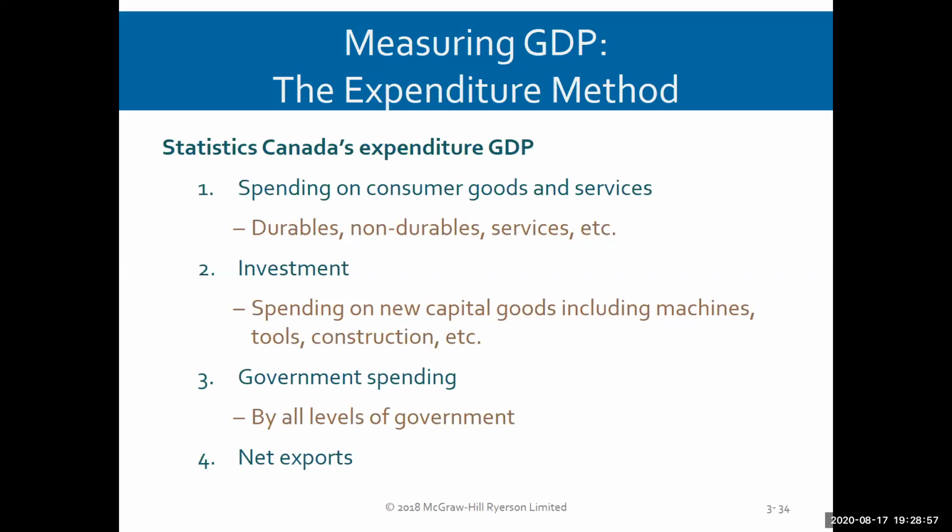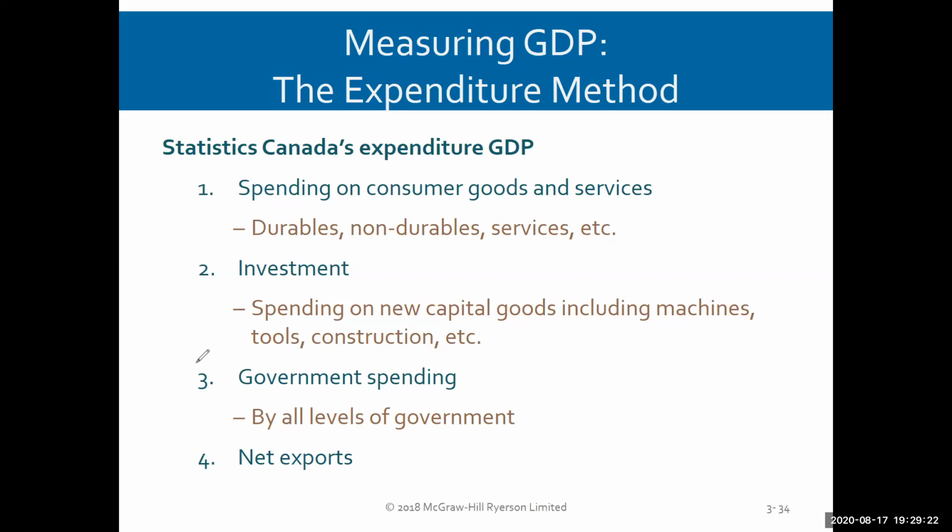Okay, so here we go in just a little bit more detail, and then we'll expand on it. Measuring GDP, the expenditure method. Like the last segment, this is pretty much the same thing, only a little bit more detail. When we wanted to find GDP using the expenditure approach, we add up the spending on consumer goods and services.